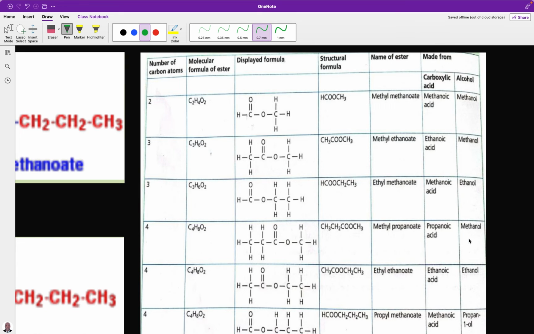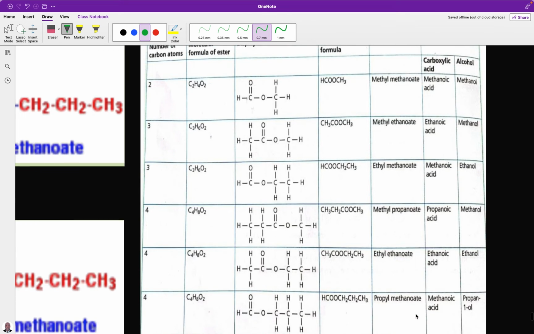When methanol reacts with propanoic acid, we will have methyl propanoate. This is the structural formula, displayed formula, and the molecular formula.